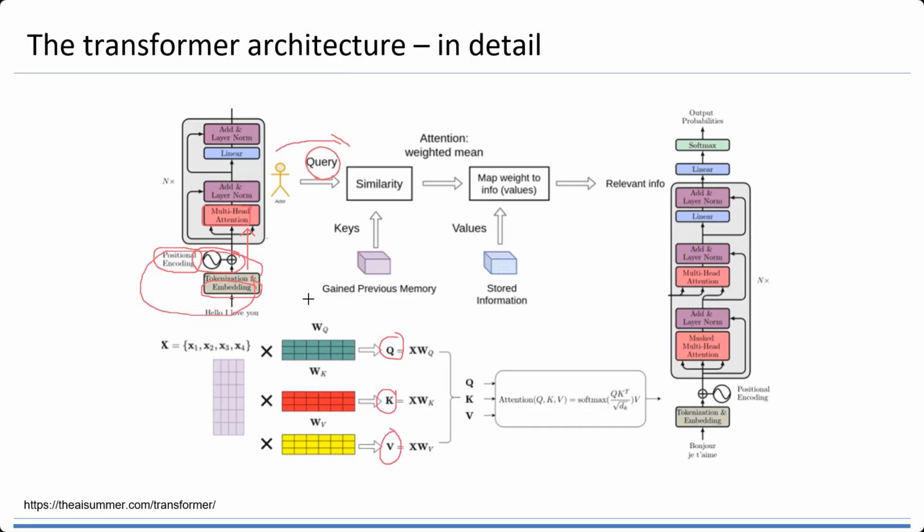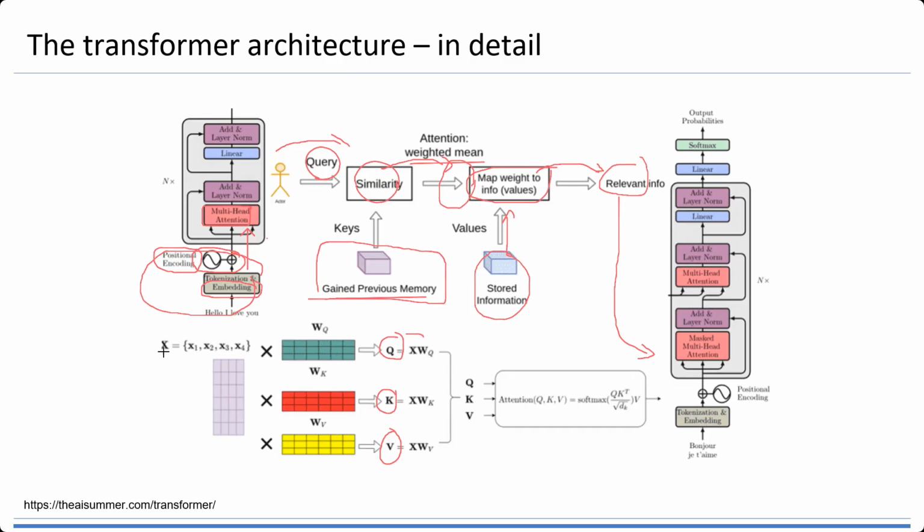And then check the keys. The keys are any kind of value from the previous memory, and then we do the multiplication. After we get the result, we do the softmax, and then we multiply this result with the values. So after this, we will get the relevant info, and this value will be used for the decoder.